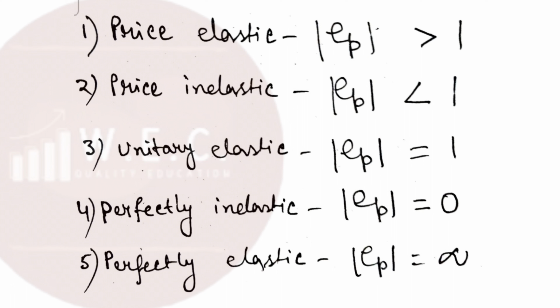In some cases, if price doesn't change but quantity demanded changes, the denominator becomes 0, so the price elasticity becomes infinite. It is called perfectly elastic demand. Such goods are perfectly elastic. You should keep in mind that here the absolute values of the price elasticities are compared, not the negative values.